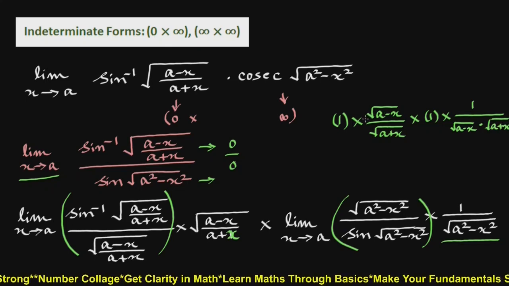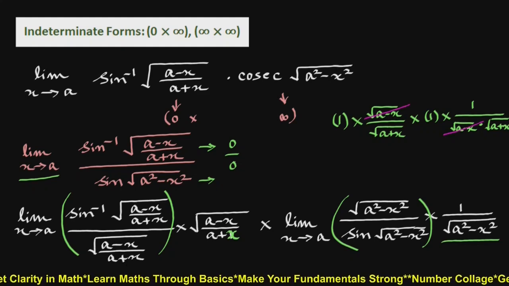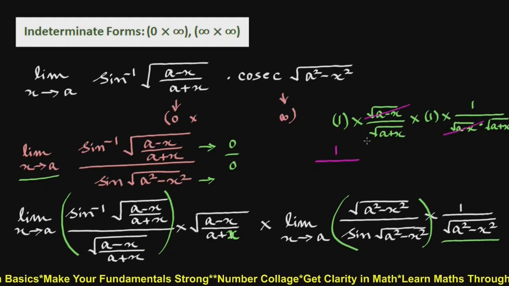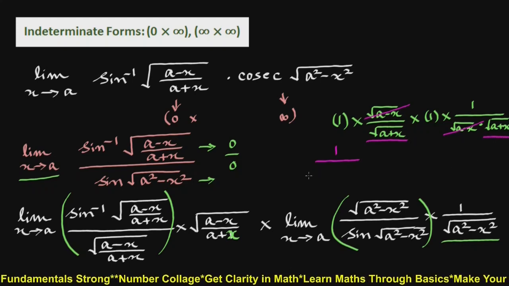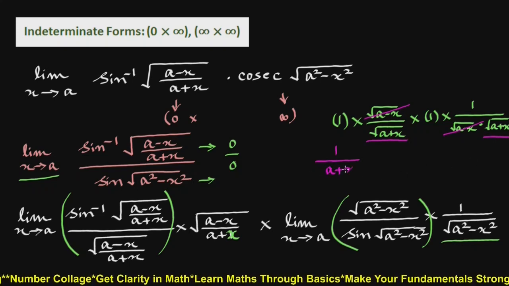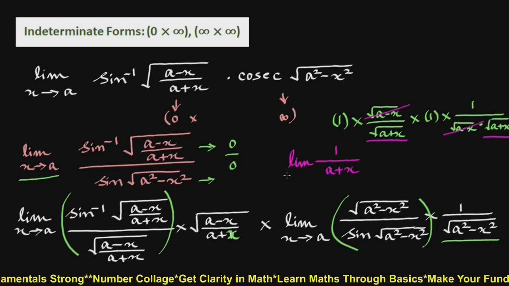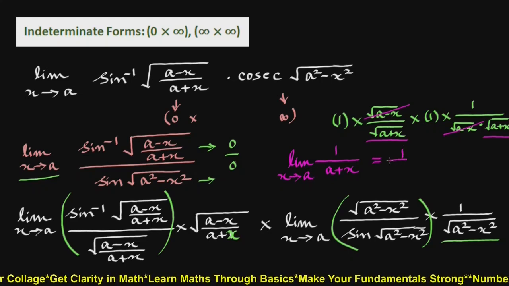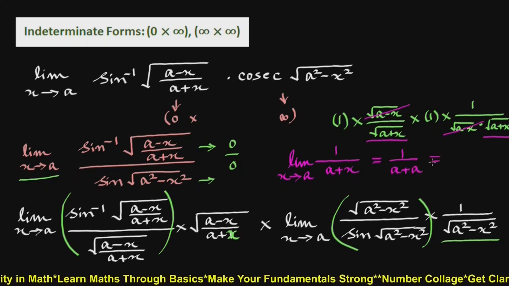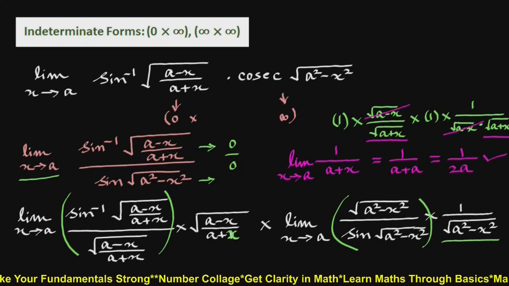Now this square root of a minus x gets cancelled, and what we get is 1 upon the product of square root of a plus x and square root of a plus x, which will be a plus x, and the limit for this function as x tends to a will be 1 upon a plus a, that is 1 upon 2a, and this is the value of the limit.